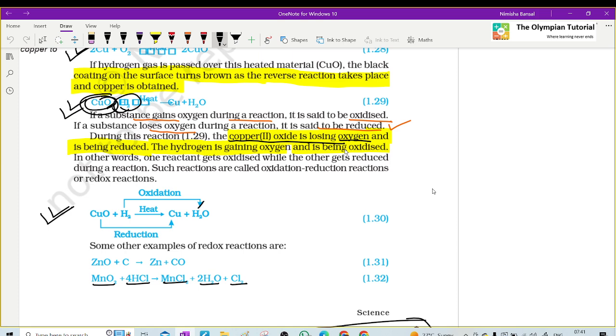In other words, you write down only the next line. One reactant gets oxidized while the other gets reduced during a reaction.